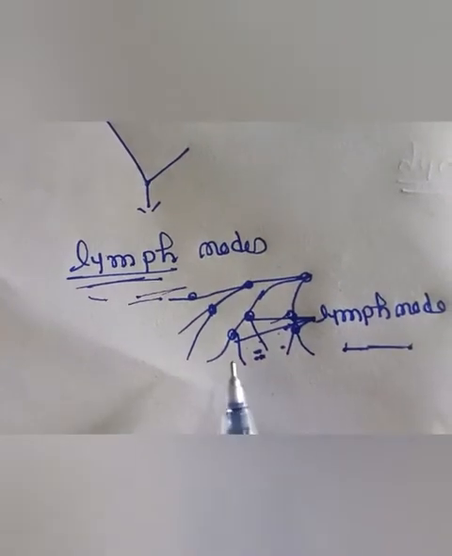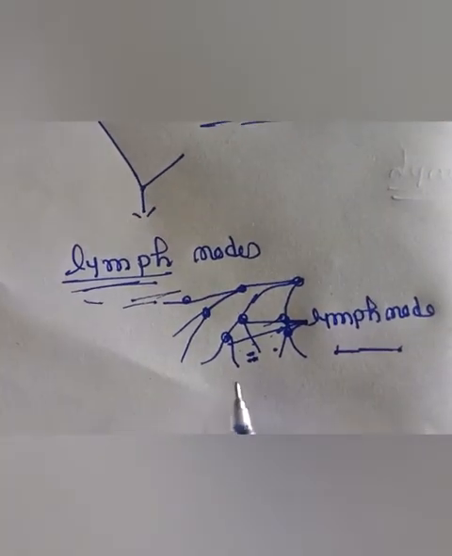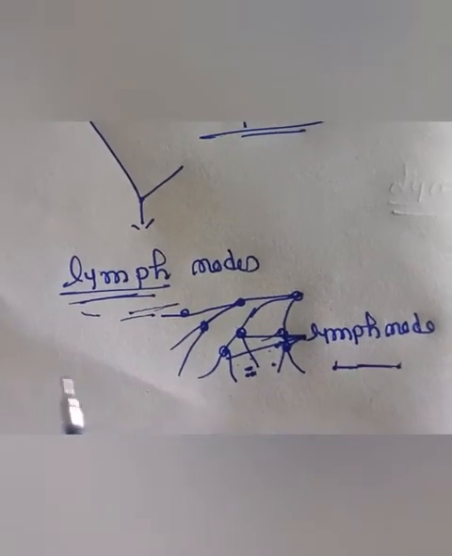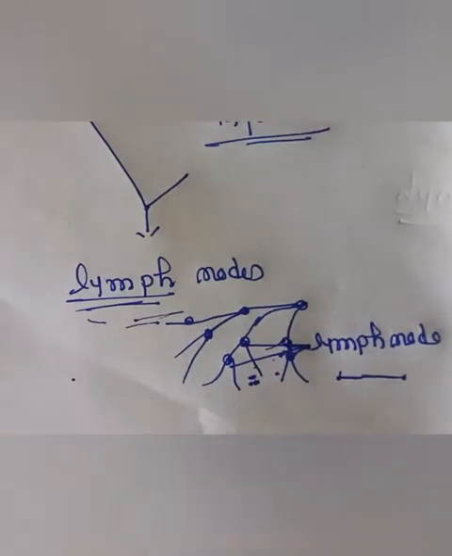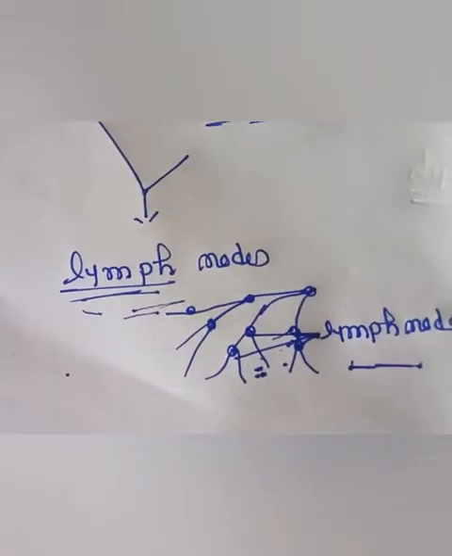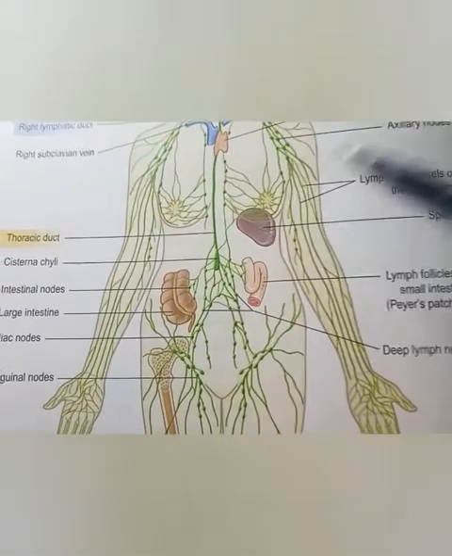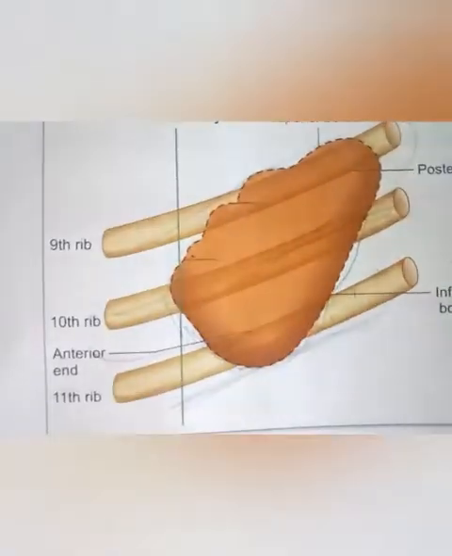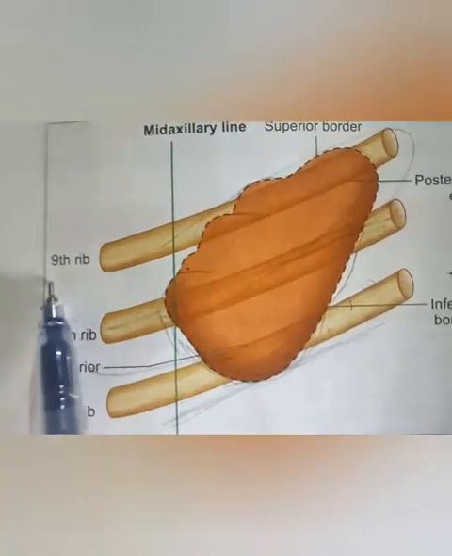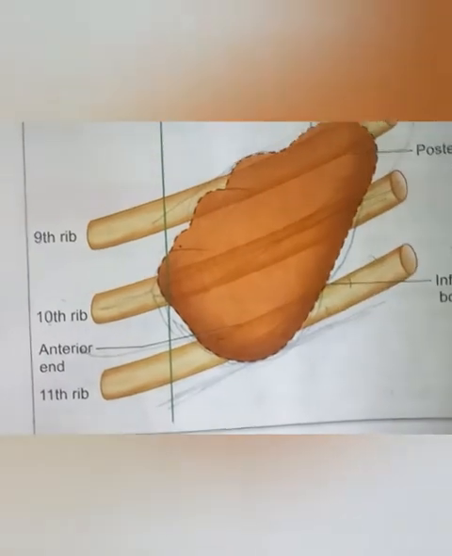If any bacteria or virus is present, it activates the lymphatic system and destroys them. The next secondary lymphatic organ is the spleen, which is present in the left hypochondrium region, opposite the levels of the 9th, 10th and 11th ribs.